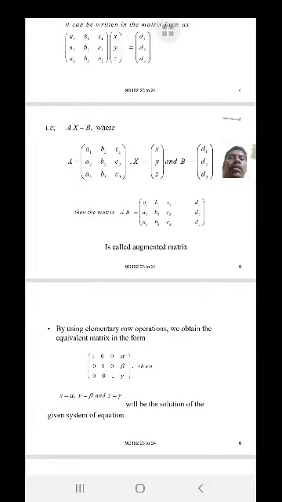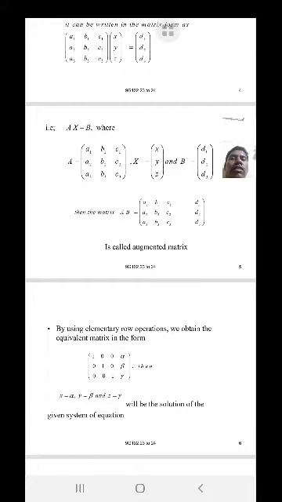Then the matrix AB, we can write a1 b1 c1 d1. Here d1 is written as a fourth column, but you can write it a little bit nearer to c3, keeping a similar gap for c1 and d1 also.